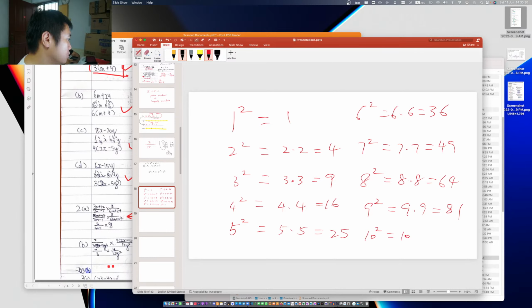Full stop. I only need you to memorize until here. So you need to be very good with this 1 to 10 square.